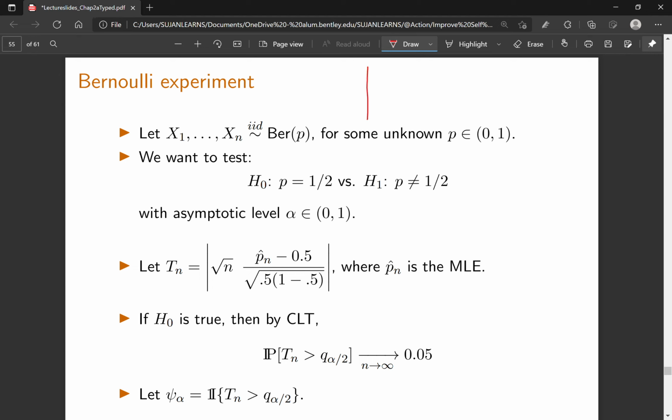This is a grid where it has different cells. This is H0, this is H1. These are hypotheses from test.